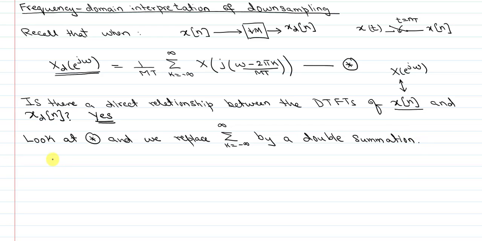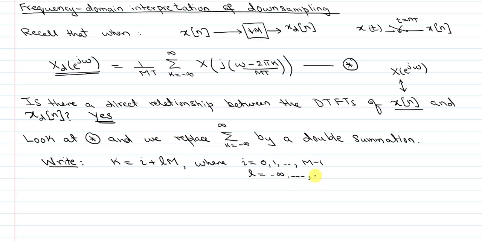Well, what we do is we write k equals i plus lM, where i is an integer from 0, 1 up to M minus 1, and l is an integer from minus infinity to infinity, both integers.